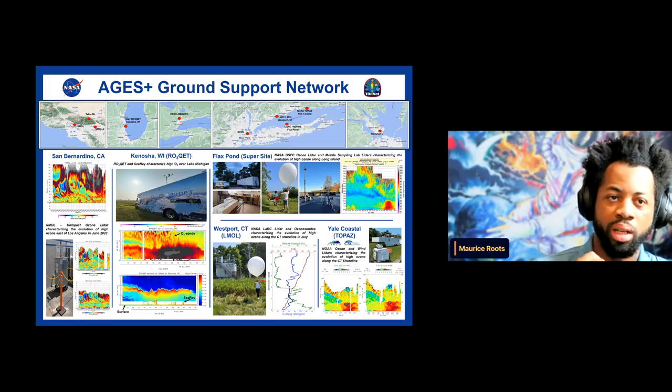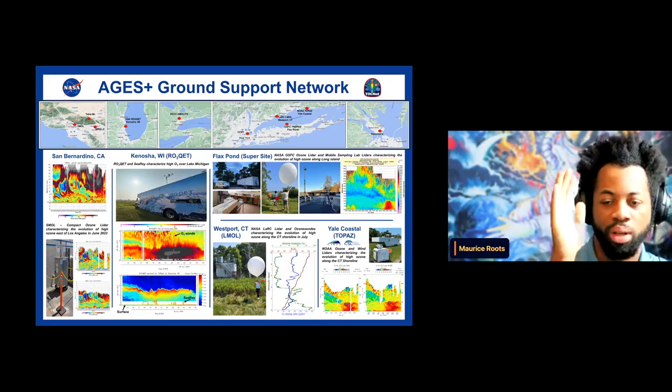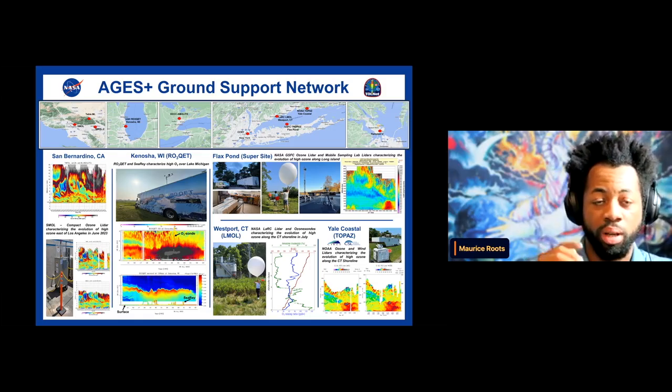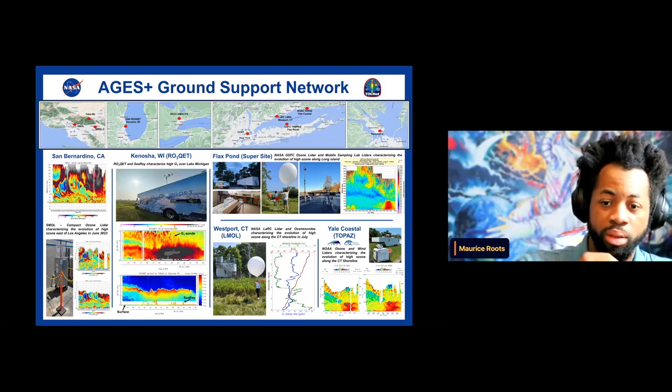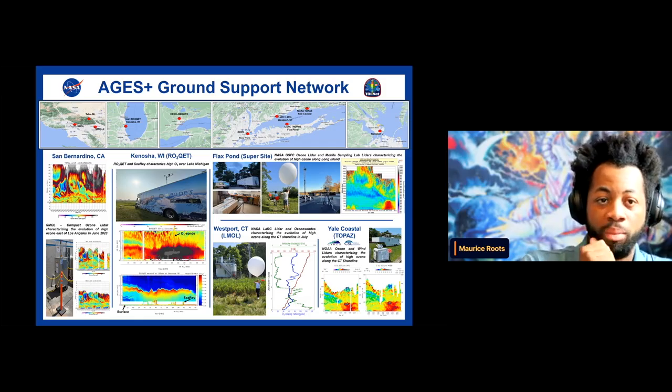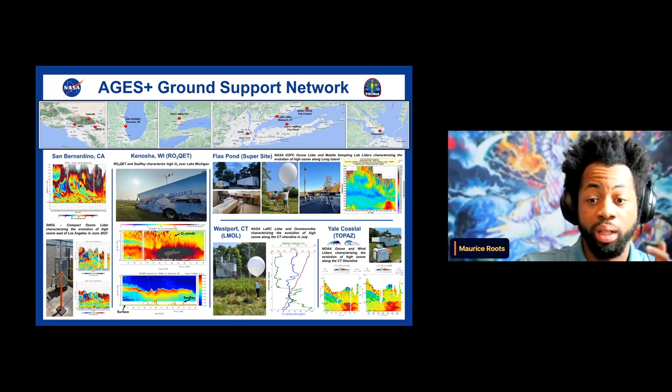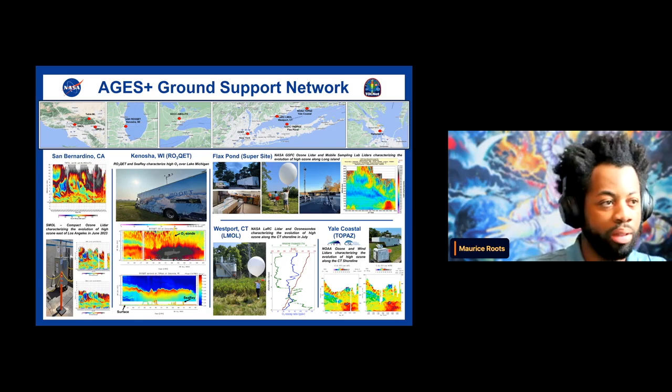So you can get a zenith scan, and it also rotates too. But it's more important to get that zenith scan, so you can get a profile of the ozone. In this case, we're doing it over the water, which is really nice. And that is one of the crown jewels of the network, honestly.